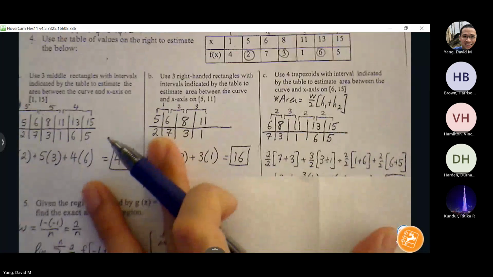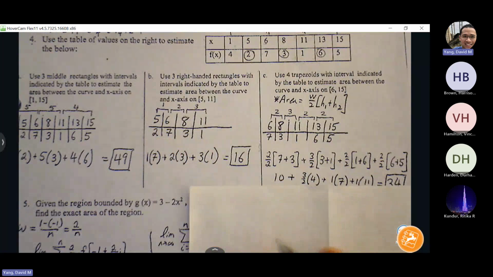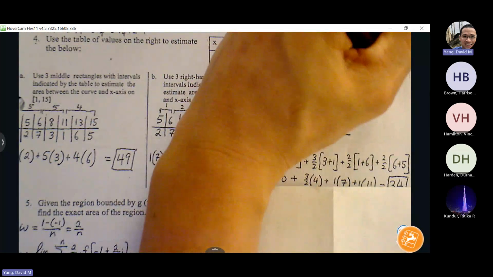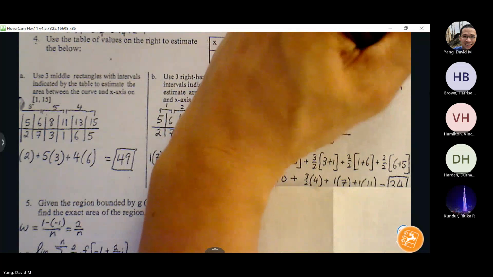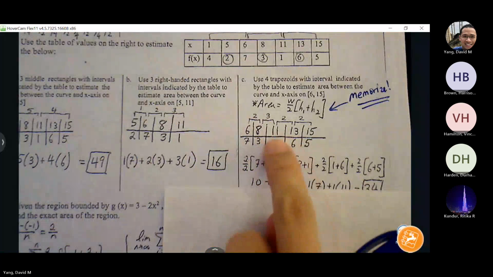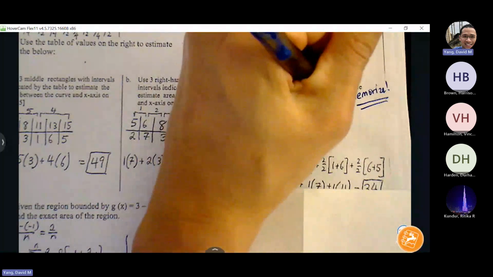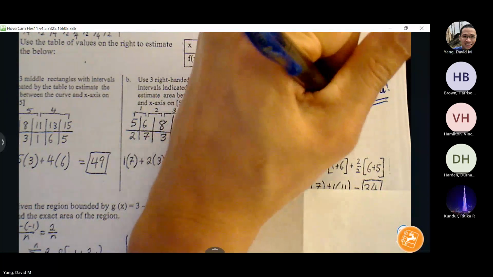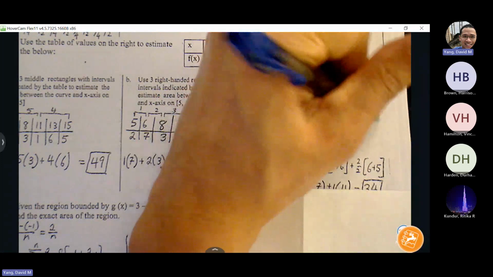Okay. Part C, use 4 trapezoids. So make sure you memorize your trapezoid area. Or you can think of it as 1/2 width, height 1 plus height 2.